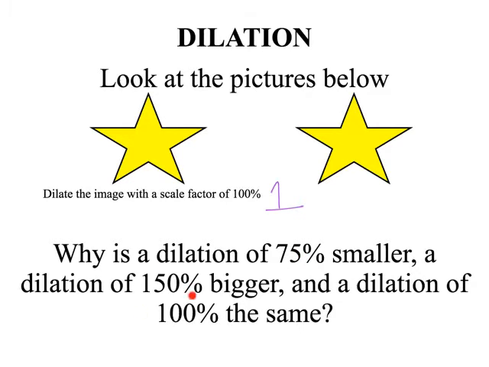When it was 150%, it got bigger because the scale factor was greater than 1. When the scale factor is 1, all you're doing is multiplying, and anything times 1 is itself. So a scale factor smaller than 1 gets smaller, bigger than 1 gets bigger, and when it's 1, it stays the exact same size.